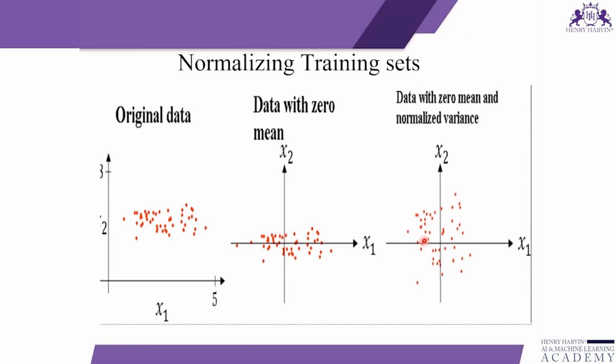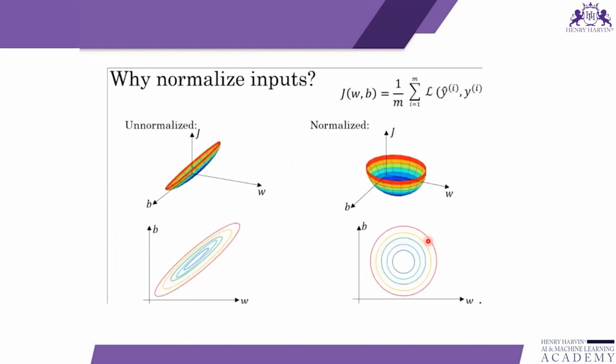So let's get an intuition from a couple of graphs and see how it really helps in making your model really fast. If you look at some of these graphs, just look at the equation. This is the equation of the cost function: 1 by the summation of differences.